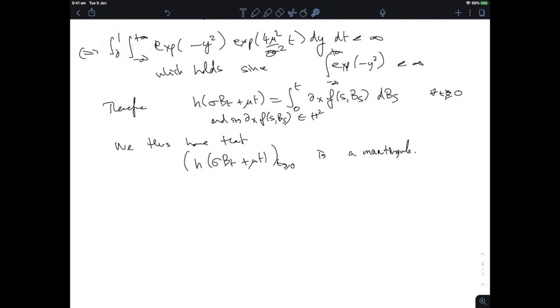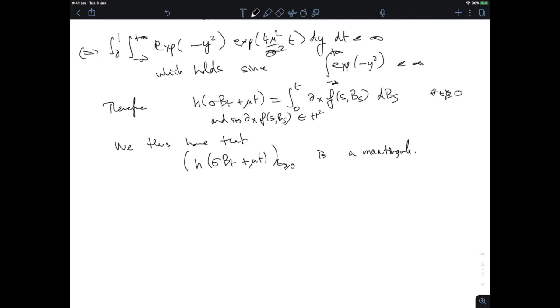I only need to integrate on any finite time interval. I only did it up to 1, but it's exactly the same argument that will give it up to any fixed number capital T. That's good enough to guarantee the martingale property.